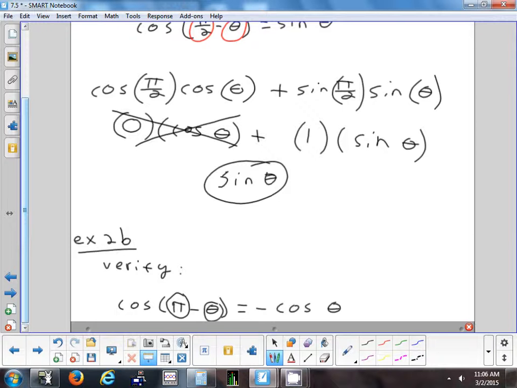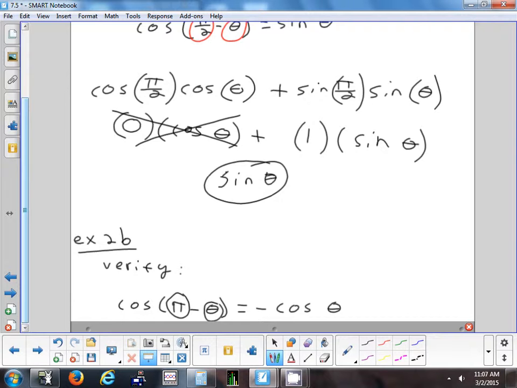Got to get a negative somewhere because the final answer has a negative. But any question on how you do that? Okay. So if you have a chance, try that one on your own because there will be some like that on the test, but it's very similar to example 2a. Okay. And pi is the same as 180 if you want to type it in degrees and check it.